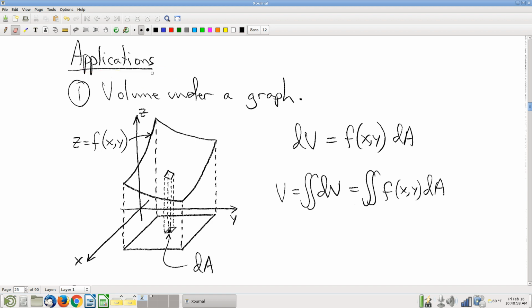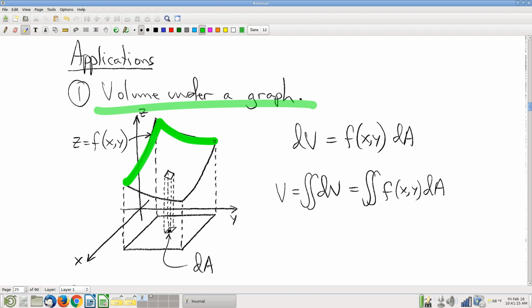So, volume under a graph. The very first application that you see for single variable integrals is how to compute the area under a curve. It's something you can draw a picture of, and you can see all the participants in the Riemann sum. There's a picture, so it's nice. And this has that nice feature as well.